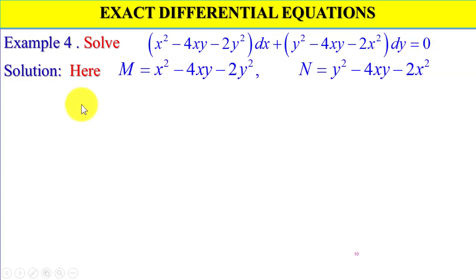Solution. Here M is equal to x² minus 4xy minus 2y². This coefficient of dx is equal to M. Similarly, coefficient of dy, N, is equal to y² minus 4xy minus 2x².